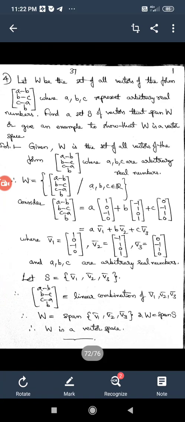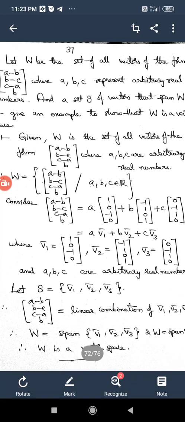So to show that W is a vector space, we should show that W is equal to the span of some vectors. And if W is equal to the span of some vectors from the original vector space R4, then W can be treated as a subspace of that vector space.